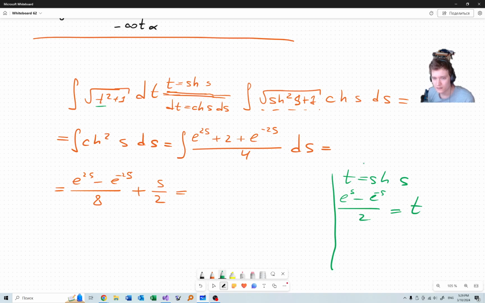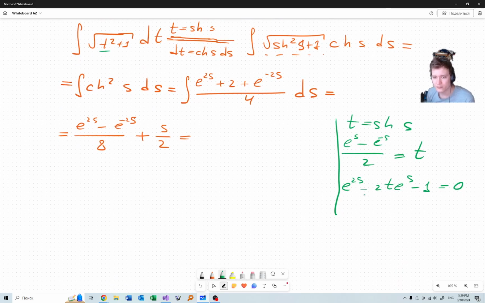Then we know that e to the 2s minus 2t e to s minus 1 equals 0. And then we can calculate e to s, which is t plus square root of t squared plus 1.